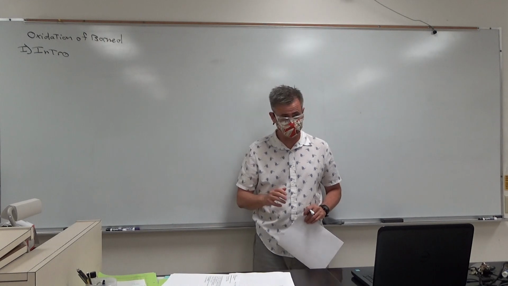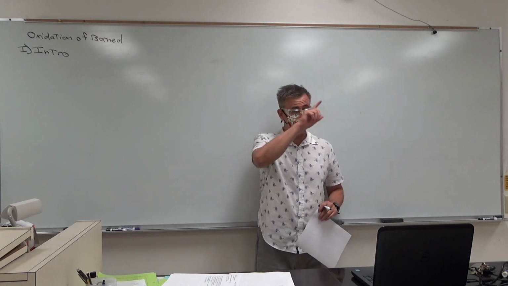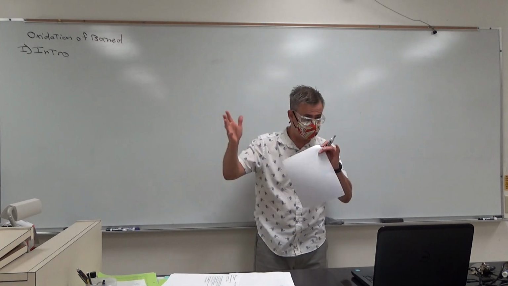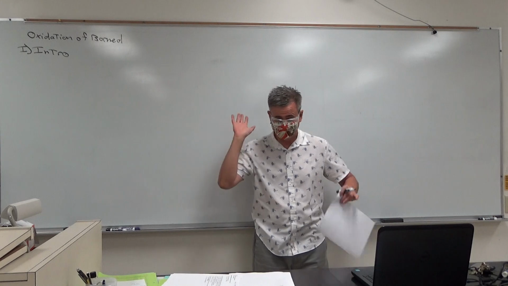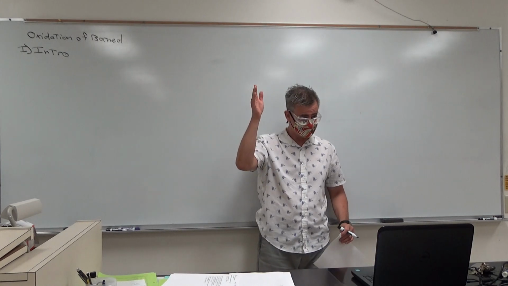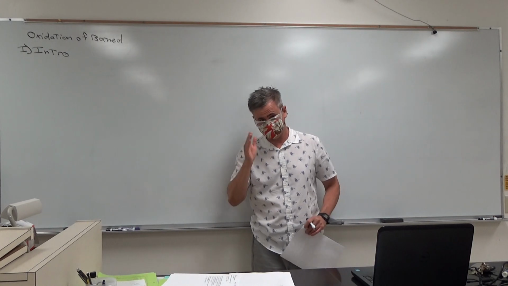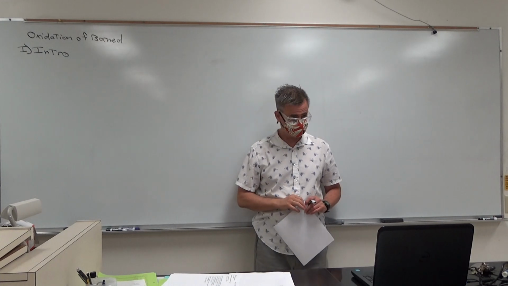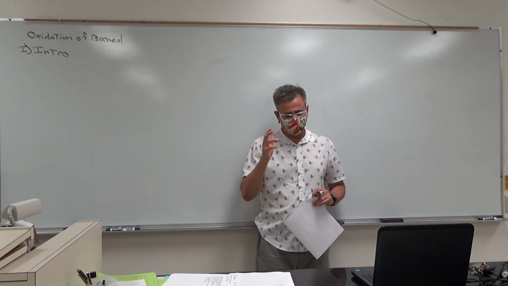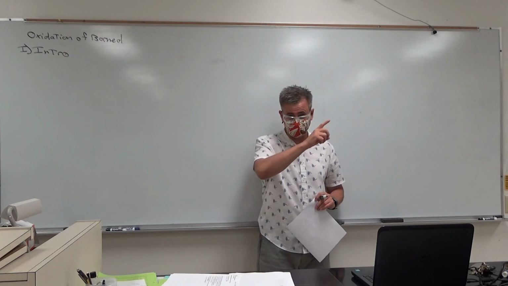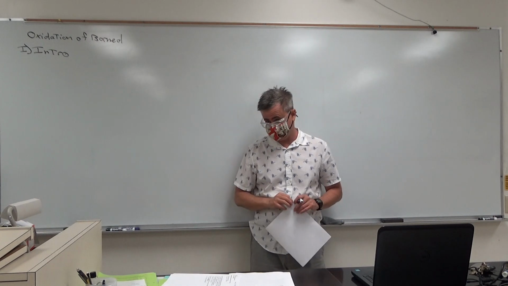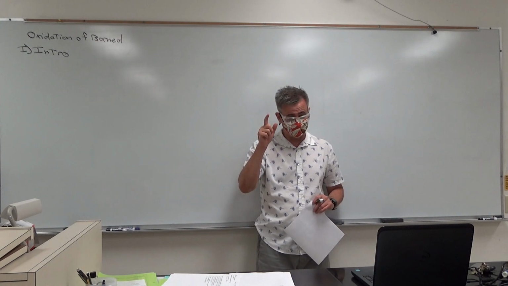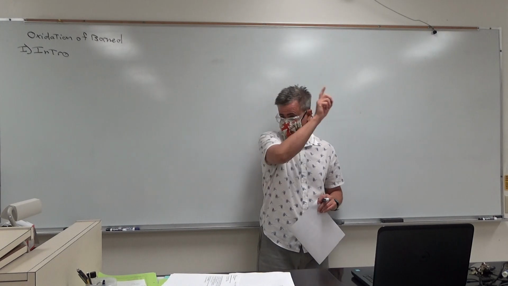The first test is going from reagent to product: does the carbon have more bonds to oxygen? It doesn't matter if it's the same oxygen or a different oxygen. If it does, that was an oxidation reaction. The other test is, does it have fewer bonds to hydrogen on the product side versus the reagent side?